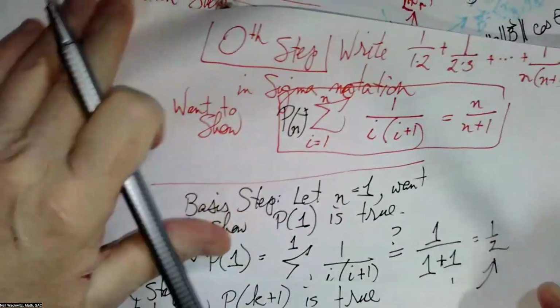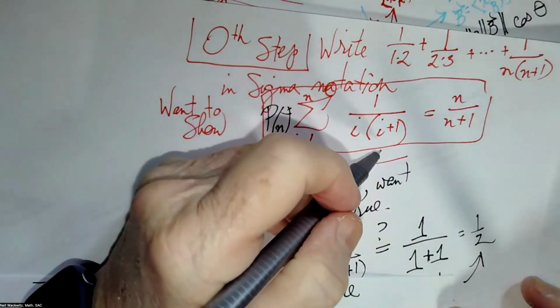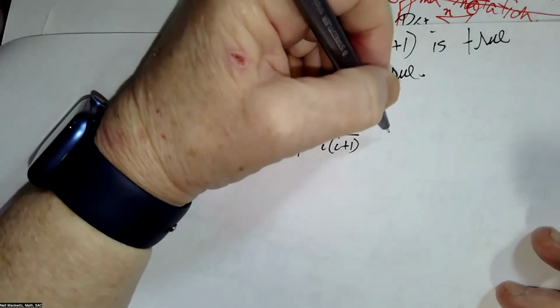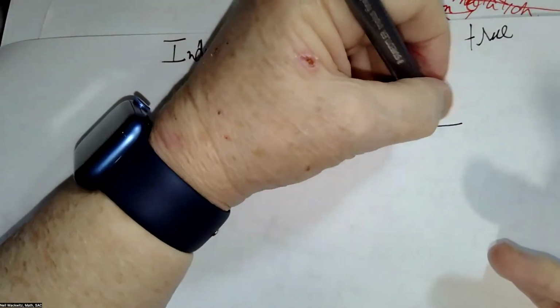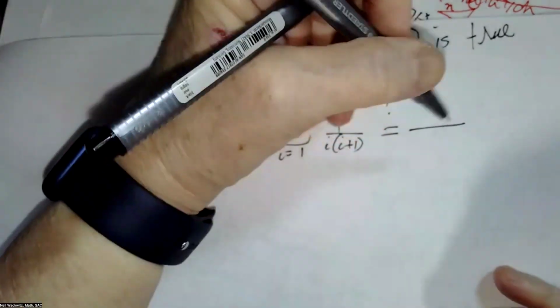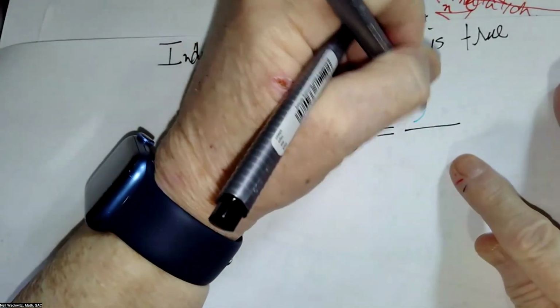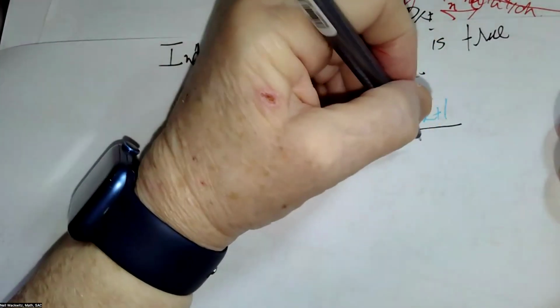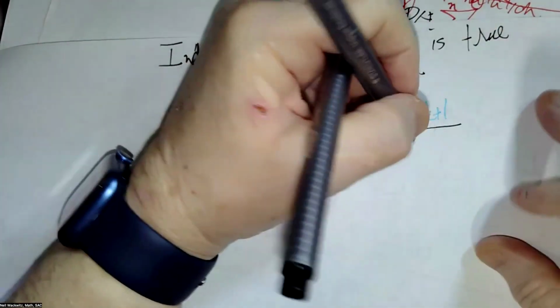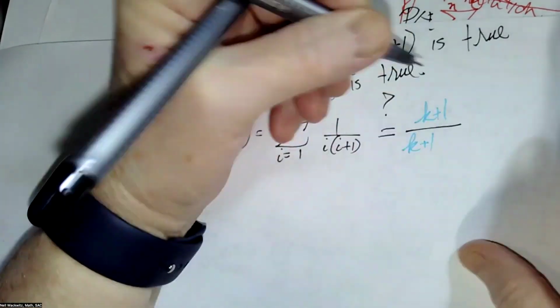And we're saying that we want to show that equals K plus 1 divided by K plus 1 plus 1.